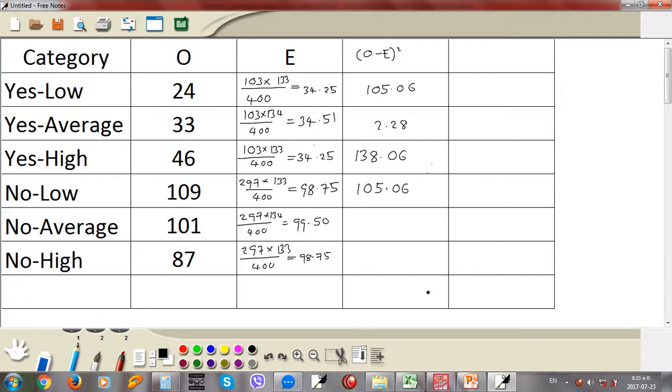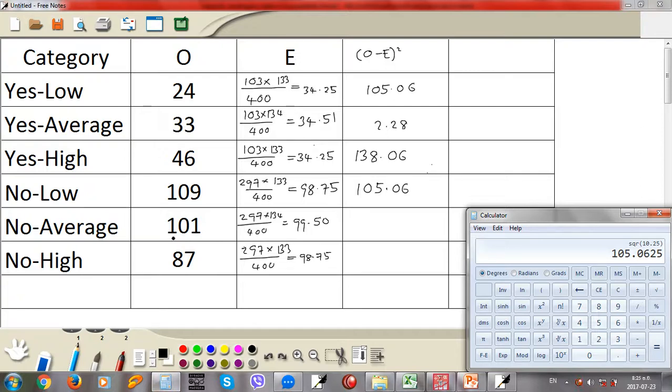Then next one, observed value 101, expected value 99.5, then square it, 2.25.